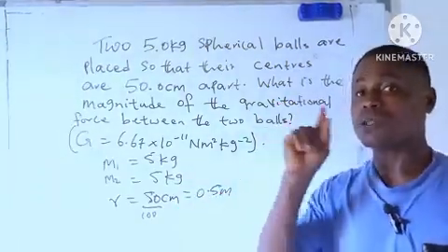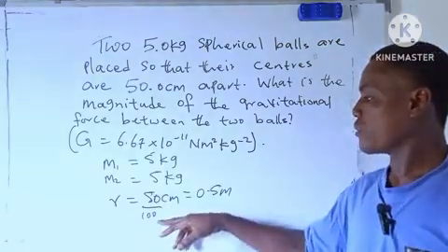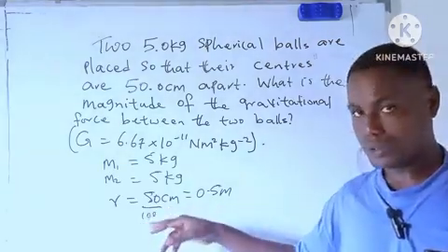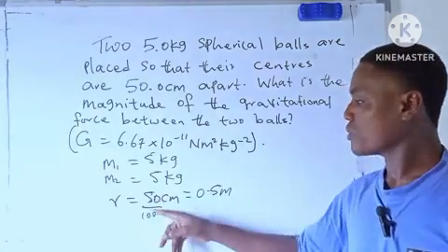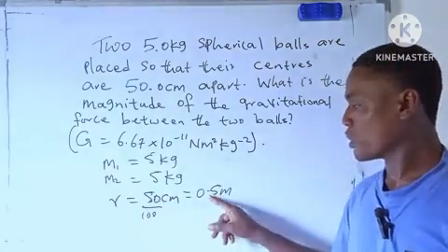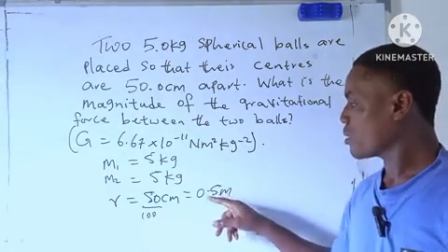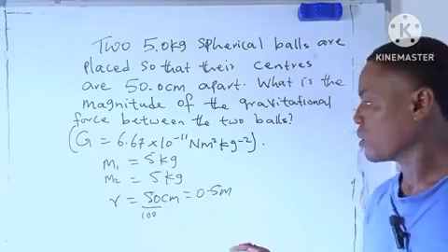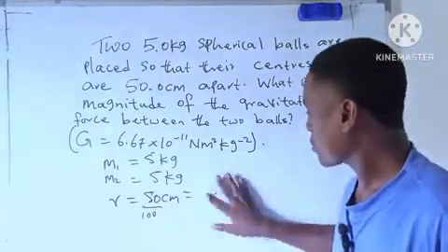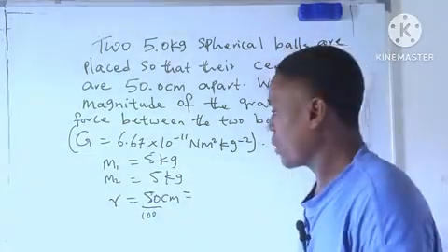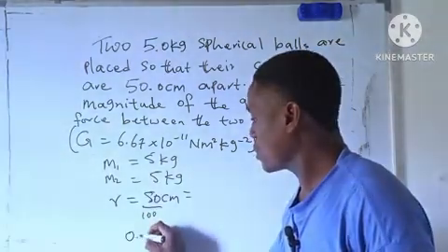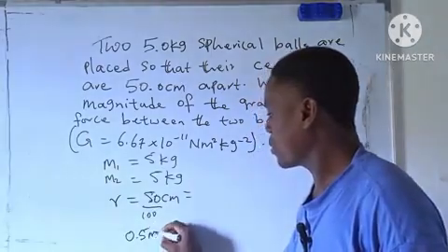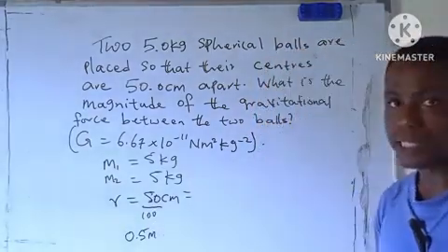If you want to convert from centimeter to meter, just divide the number by 100. So if you divide 50 over 100, it gives you 0.5 meter. Any number you are given in centimeter, just divide by 100. So 50 divided by 100 gives us 0.5 meter. Let me write it here, so we have space to calculate. 0.5 meter.